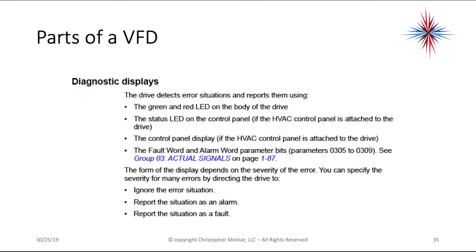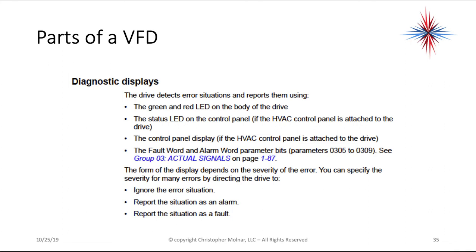The drive can detect error conditions and report them using the green or red LED on the body of the drive, the status LED on the control panel, and the control panel display. This could be done as a fault word and alarm word parameter. The form of the display depends on the severity of the error.